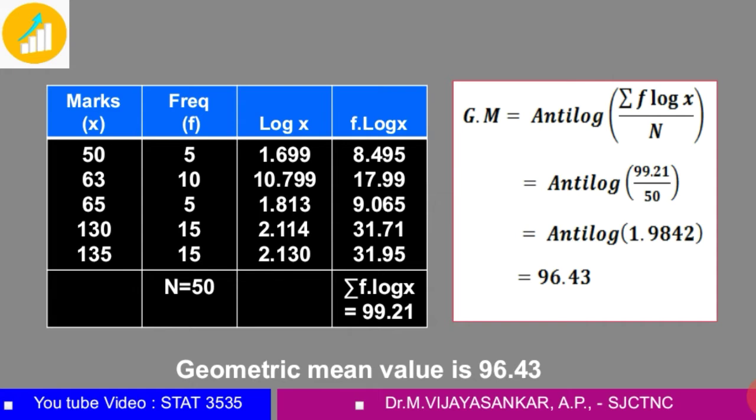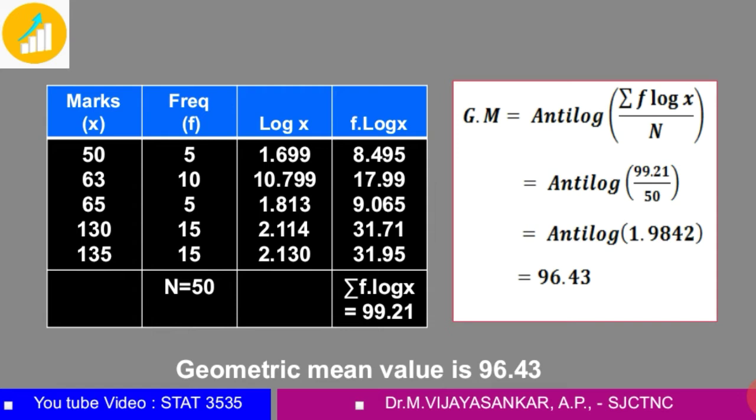First, we are going to find our numerator, that is summation of f into log x. Frequencies are already given in our problem, but the log x values are not given. So, using our marks x values, we calculate the log x values.